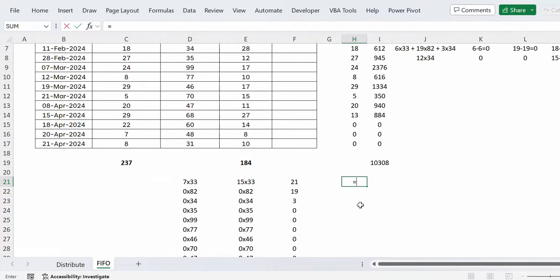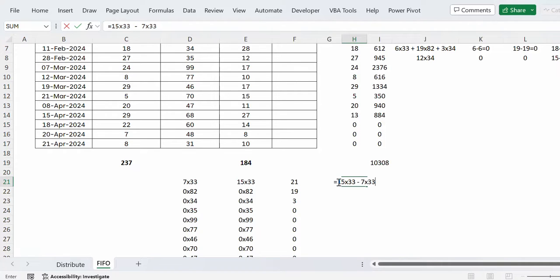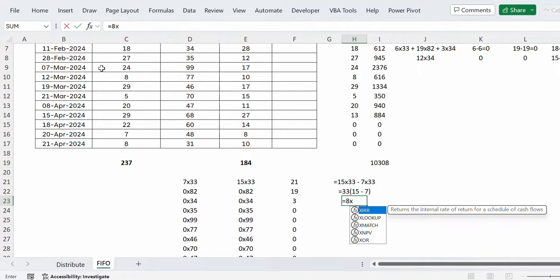So equals 15 into 33 minus 7 into 33. We will take 33 as common, then 15 minus 7, and then it will be 8 into 33, right?